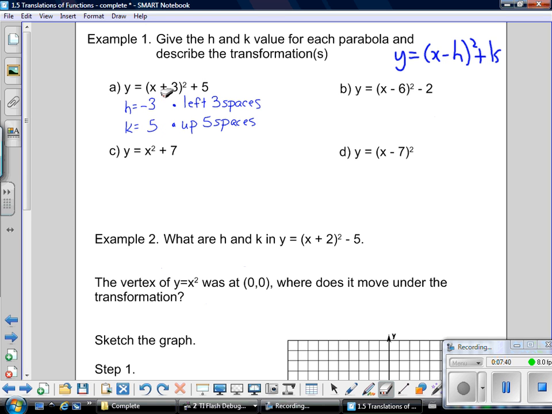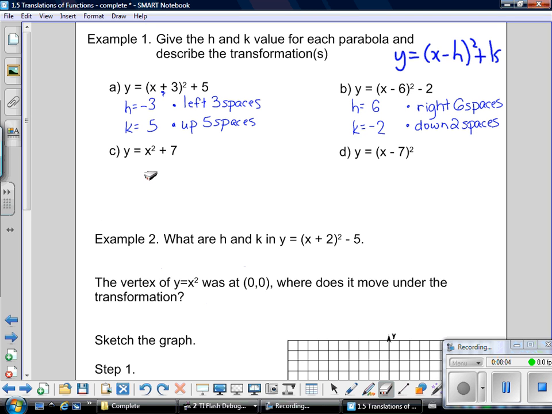Just be careful with that bracket again. Okay, next one. I have a negative 6 in here, so I must have put a positive number in for h. So h is positive 6, which means I've moved it to the right 6 spaces. And my k is a negative 2, which means I've moved it down 2 spaces.